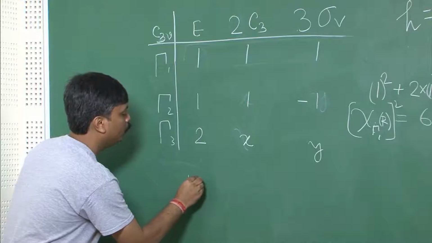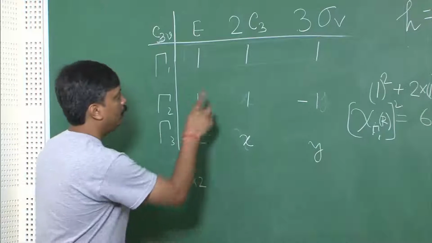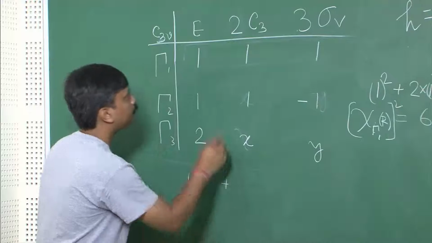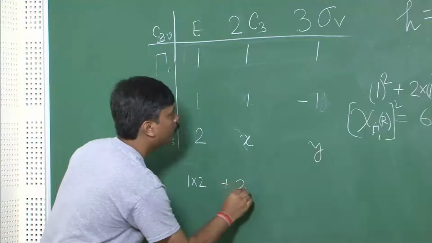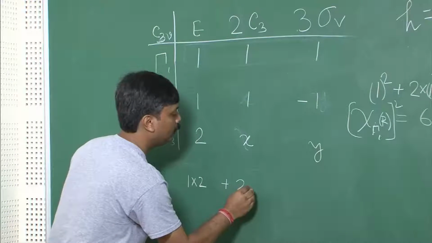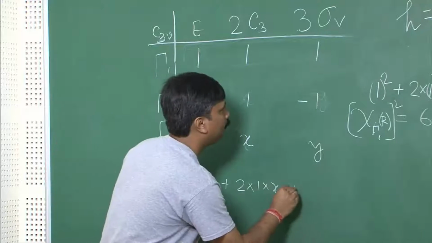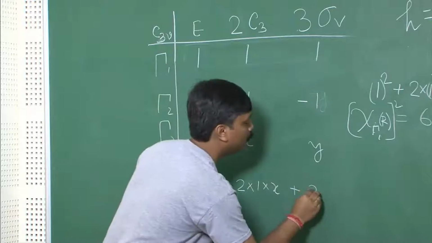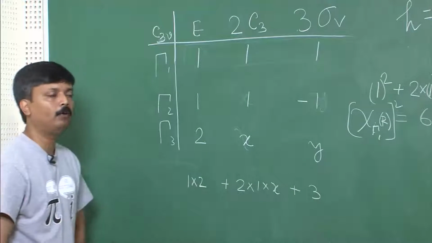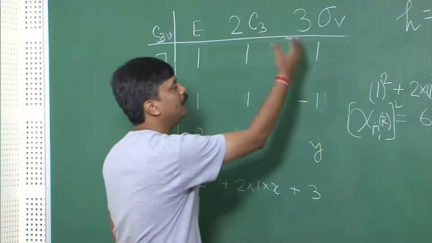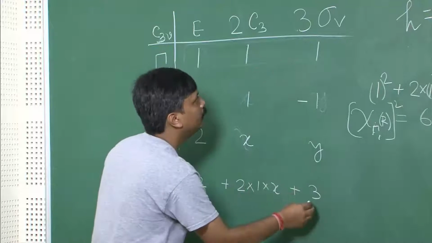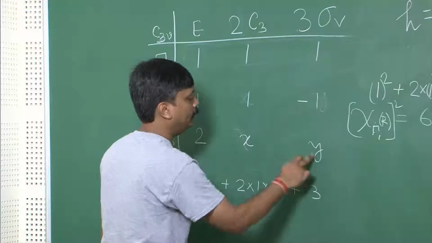So, what do I get? I get 1 into 2 plus 2 into 1 into x plus 3 into 1 into y. This 2 and 3 are coming from the total number of elements present within a class, correct.